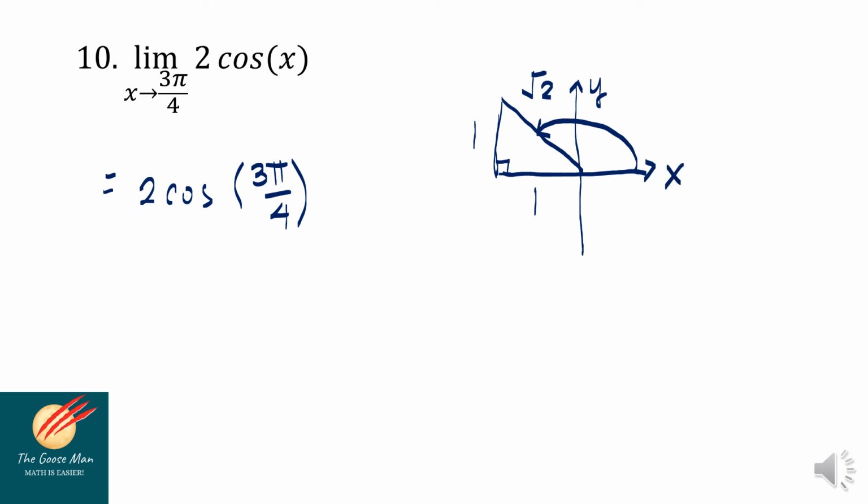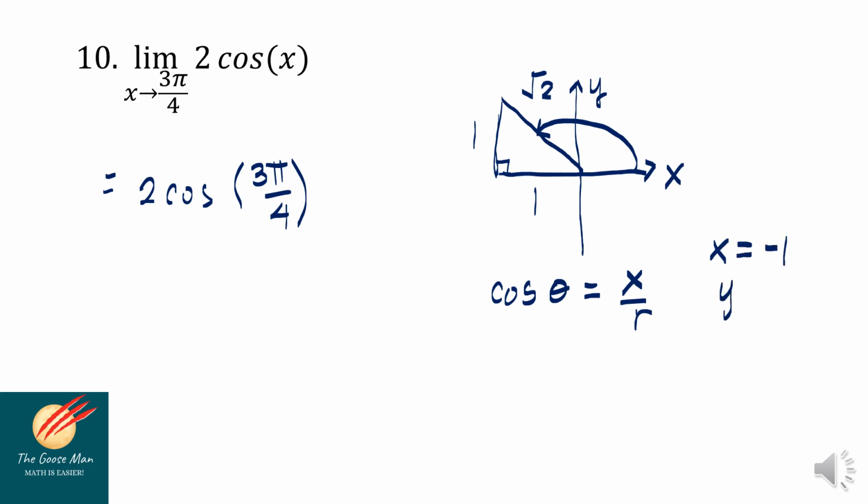Again, if we recall that cosine theta is equal to x over r. Now since x is in the second quadrant, therefore we can say that x is equal to negative 1.